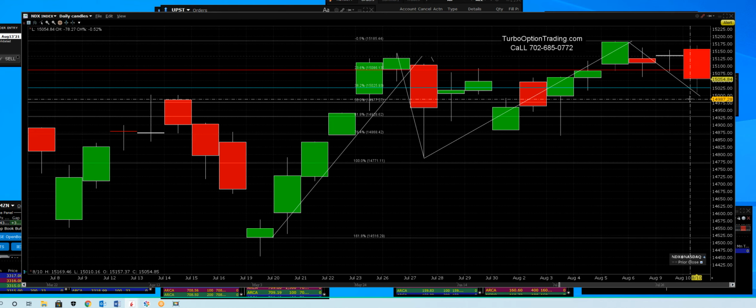So one of the things that we'll be monitoring with our other indicators and our other platforms is the velocity of everything, but most importantly is when do we start to see where the reversal, if there is going to be one. Does it just drift lower on lower volume? This can happen.